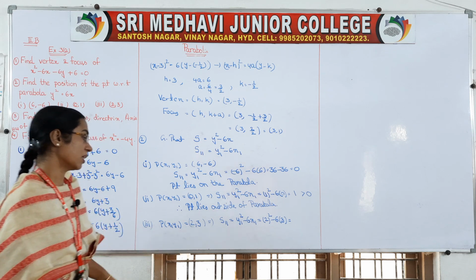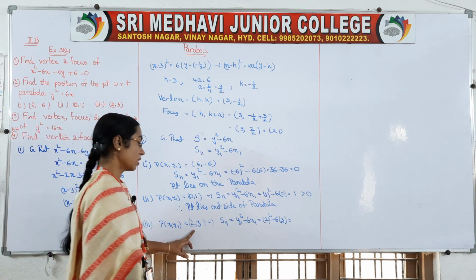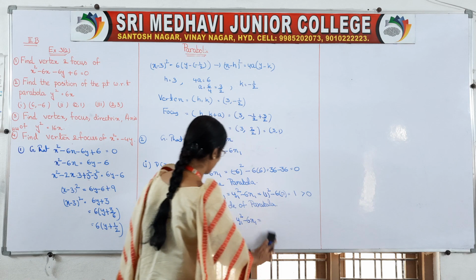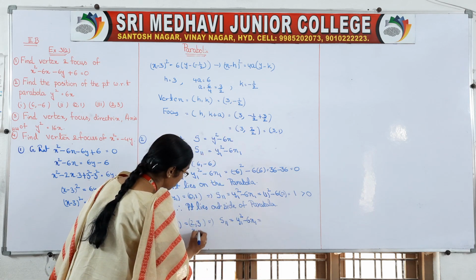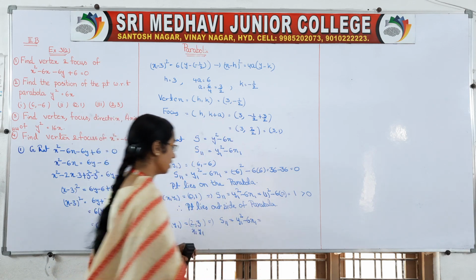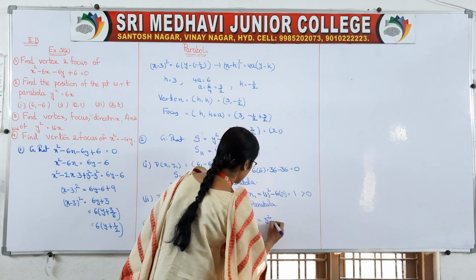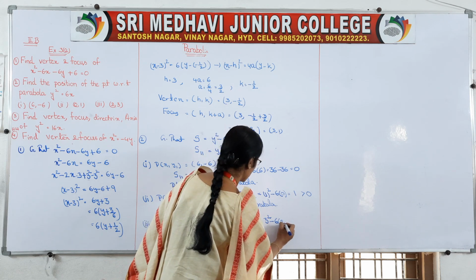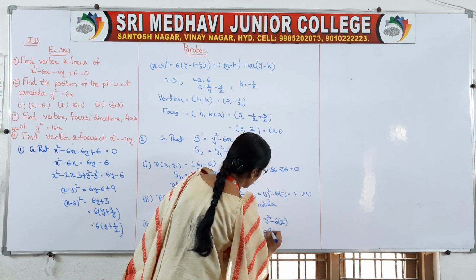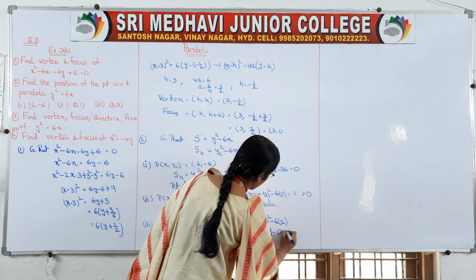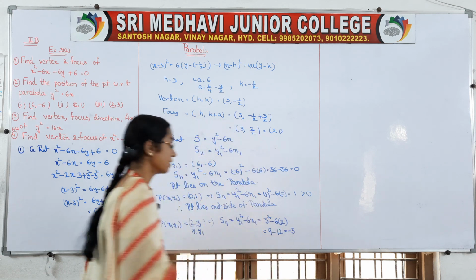Observe carefully. This is your x1, this is your y1. So it is 3 square minus 6 into 2, right, is equal to 9 minus 12 is equal to minus 3.